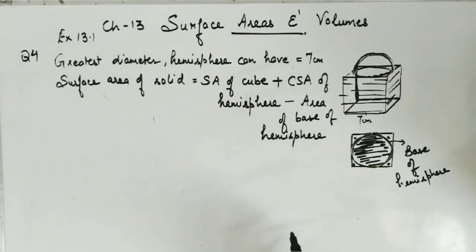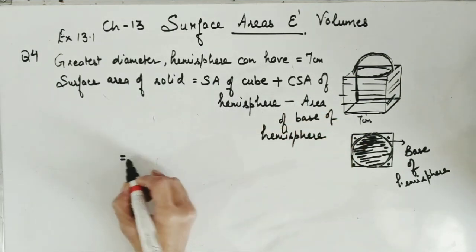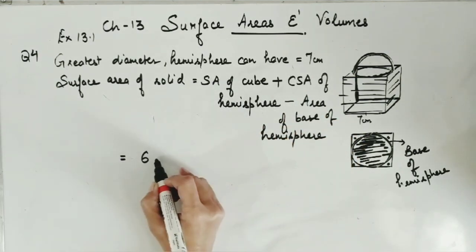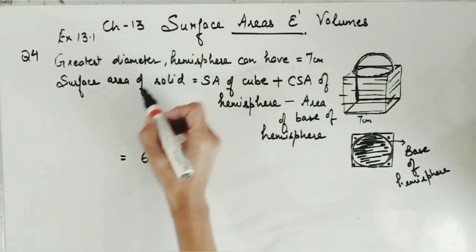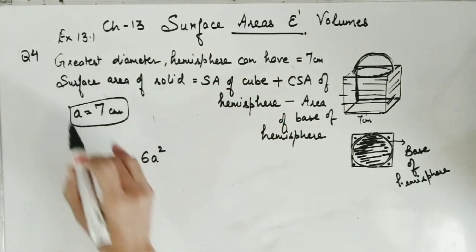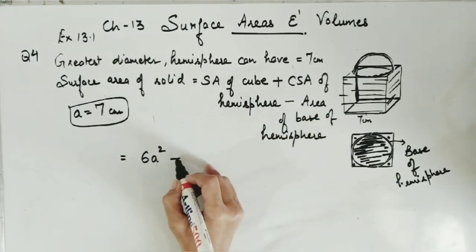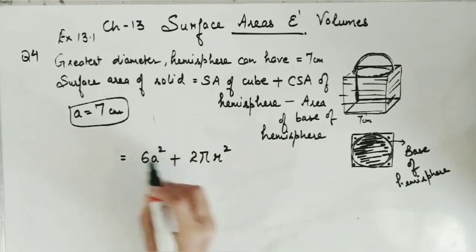Now just put the values, put the formulas first of all. Surface area of cube is 6 side square, 6a square, where a is, what is the value of a? a is 7. Plus CSA of hemisphere, 2 pi r square. What would be r?